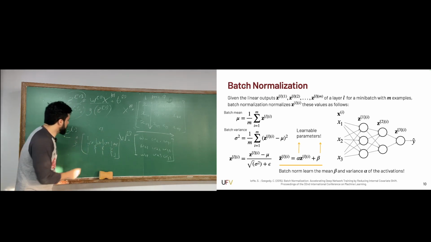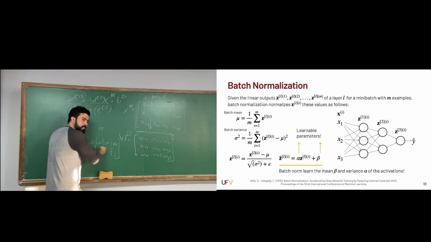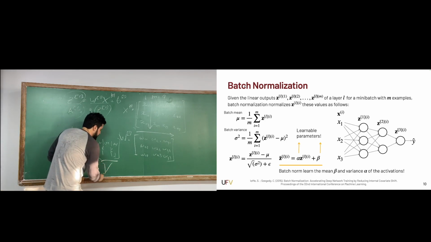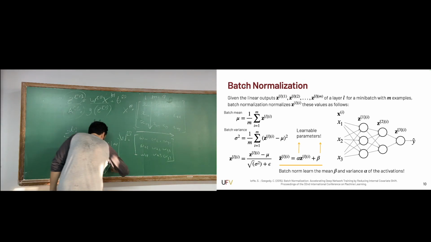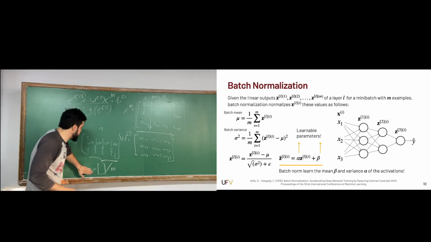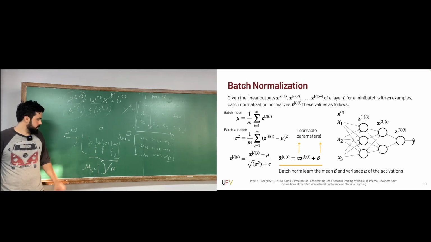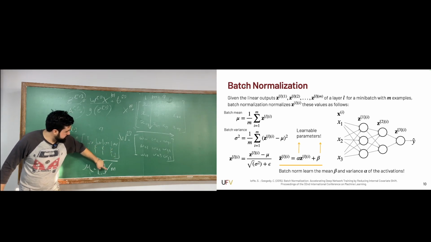So we're going to sum all these 4 Z's. They have the same dimension, so we can sum all these vectors. This is the sum part. Then you divide by m. This is our mean. So we have a vector that is a sum of these 4 Z's that we divide by m.